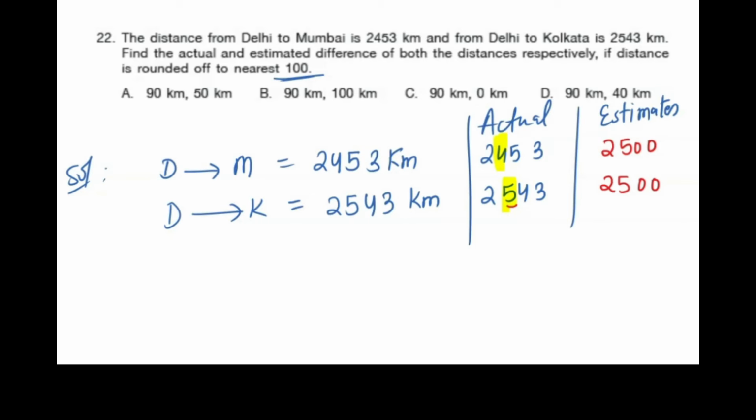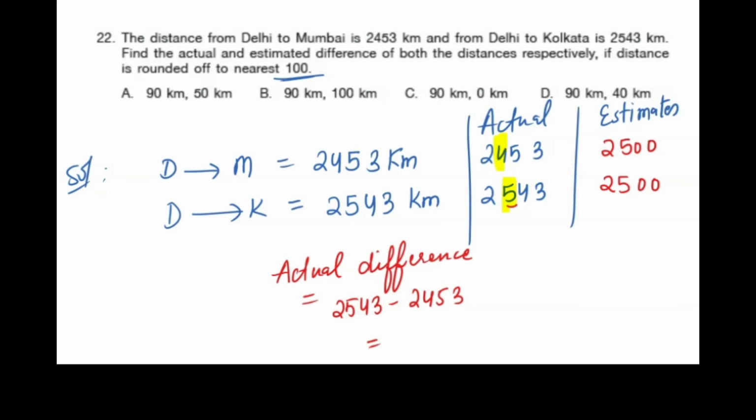So let's find the actual difference. Actual difference will be 2,543 minus 2,453.